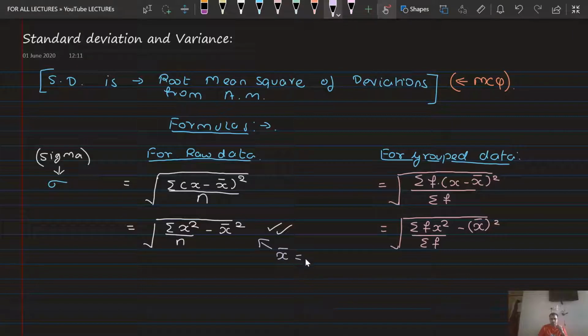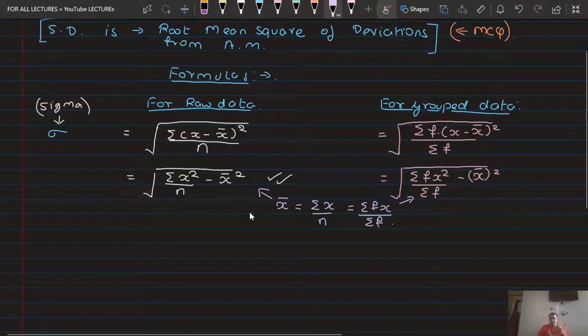For raw data, x bar is summation of x upon n, and in this case x bar is summation of fx upon summation of f. So these are the two main formulas for calculation of your standard deviation.